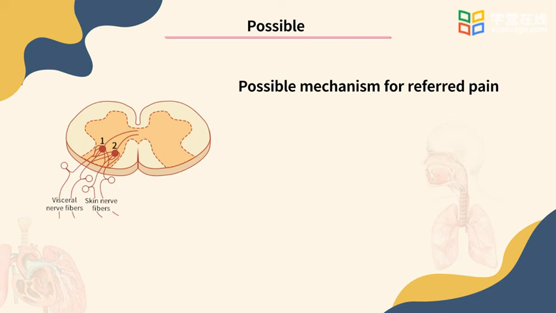When a patient's gallbladder is inflamed or infected, it sends signals through the visceral nerve fibers to the dorsal horn of the spinal cord. However, our viscera lack specialized pain neurons. That same dorsal horn also handles signals coming from the shoulder skin through skin nerve fibers.